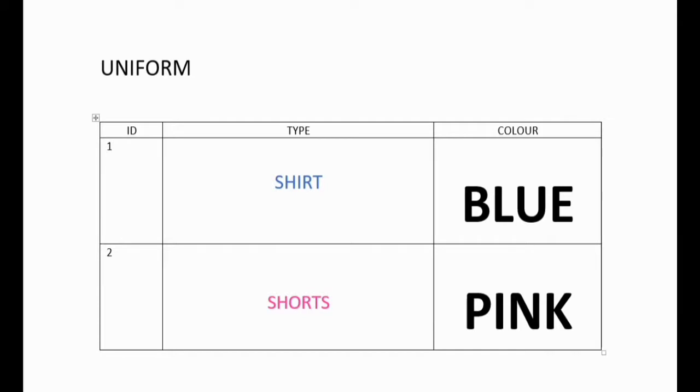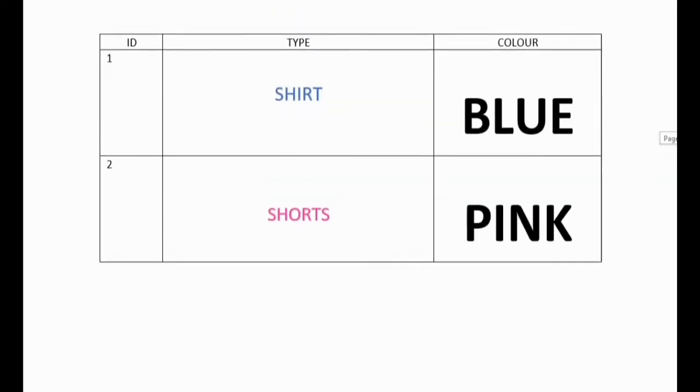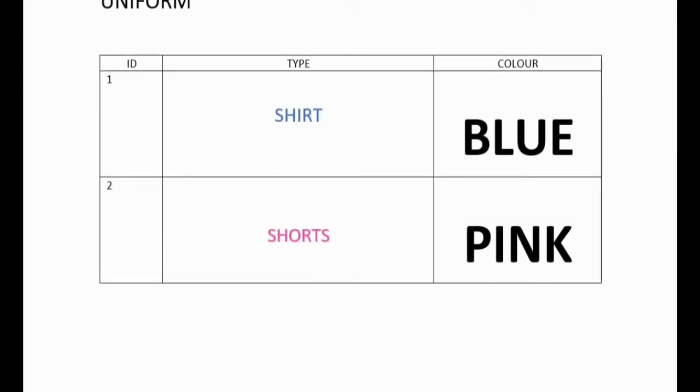So all we have to do is create a query that will change the color of the shirt to green or yellow, and then maybe we will change the color of the shorts to something like blue.